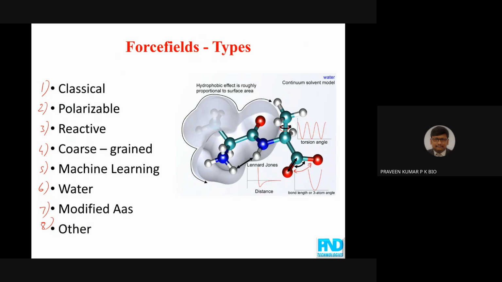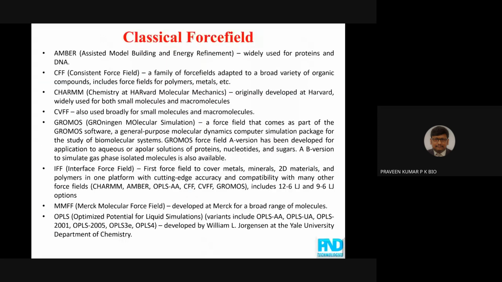Number one is the classical force field. What is a classical force field? The name itself implies classical: we calculate the forces using Newtonian laws of motion. That is what we discussed initially as classical mechanics; the same concept applies.